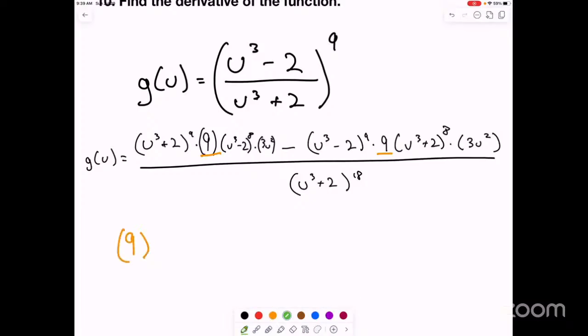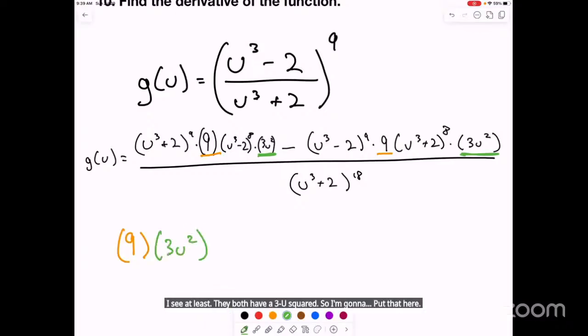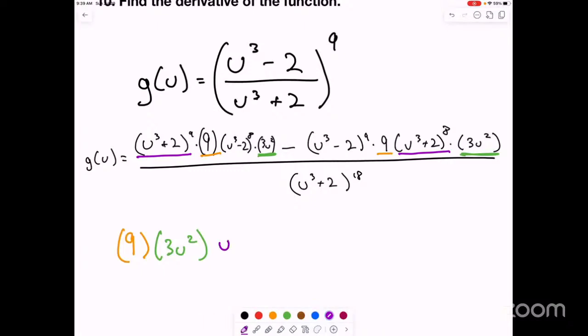They both have at least a 3u squared. U cubed plus 2, u cubed plus 2, they both have at least 8 of those. U cubed minus 2, u cubed minus 2, they both have at least 8 of those.